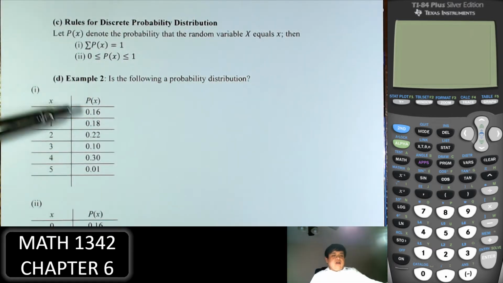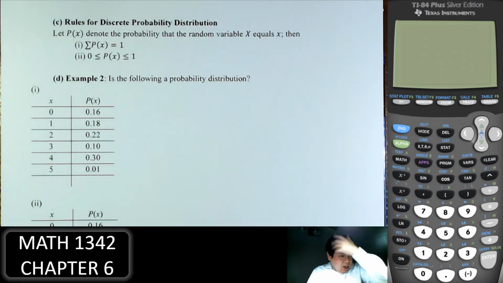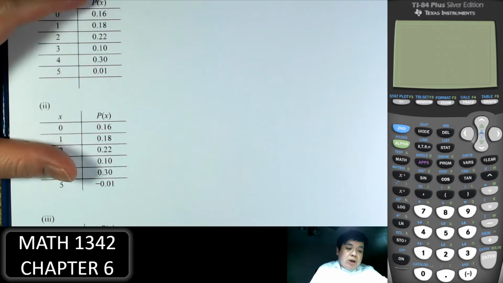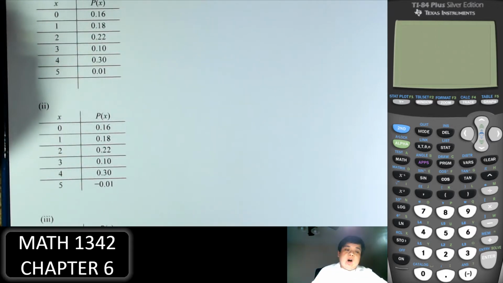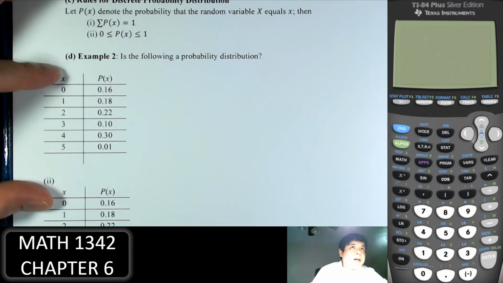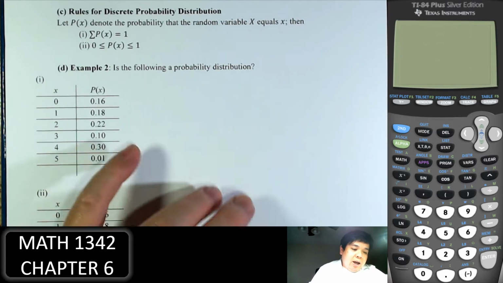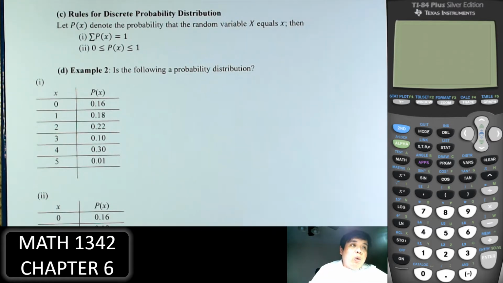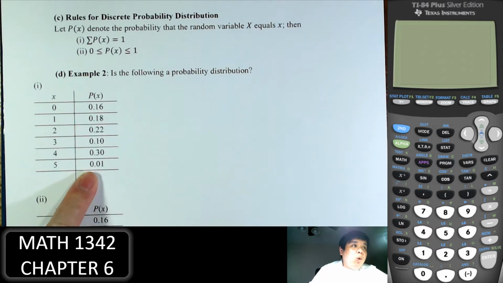So let's look at some examples. Which one of these is a probability distribution? Can this be a probability distribution or not? When we look at the first example here, all of these are between 0 and 1, so that checks out. All we need to check is that they add up to 1.